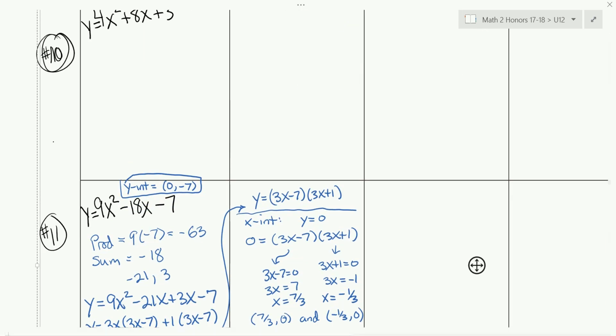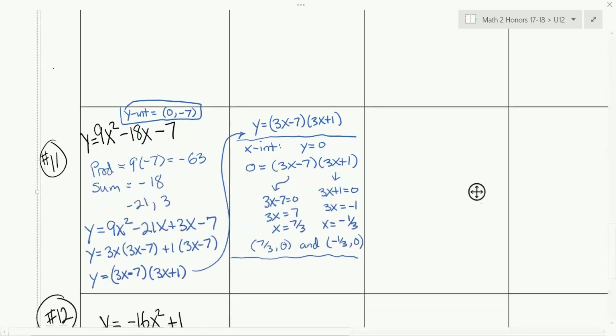No. But there is a factored form, and I'll write it right now. This is the same thing. If I put a 9, I'm going to have x minus 7/3 and x plus 1/3, which is an interesting factored form because you see the x-intercepts and you see a. These are the exact same thing.